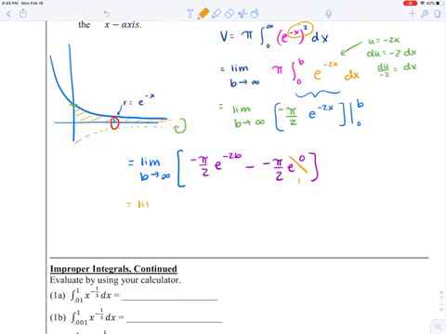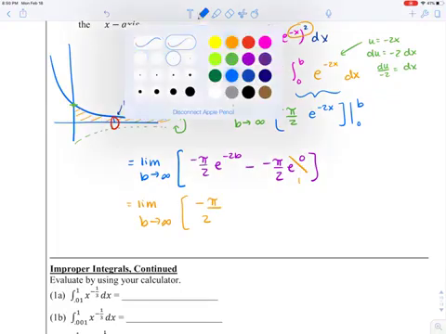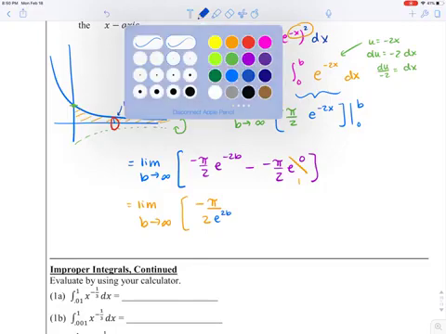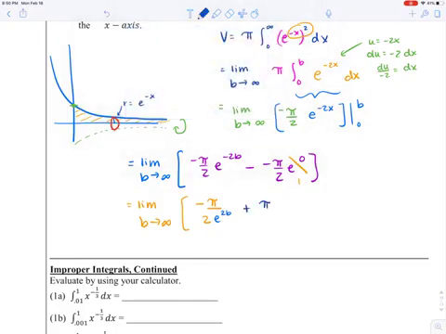So I have the limit as b approaches infinity of negative pi over 2. I'm going to move the e to the 2b down to the bottom because the negative exponent means it goes to the bottom. And I have a plus pi halves right here.